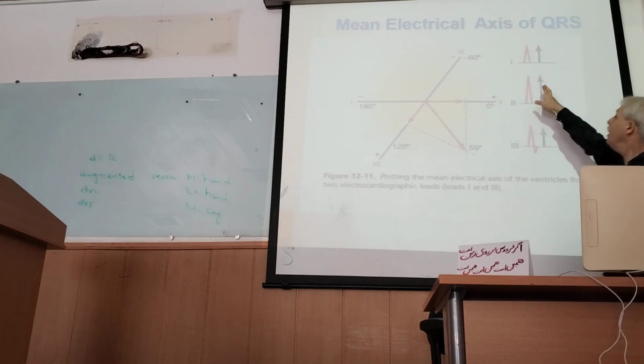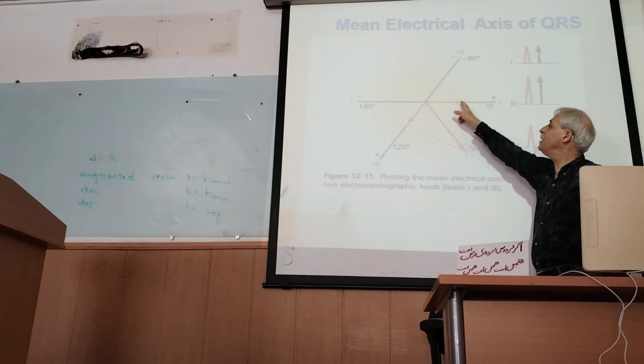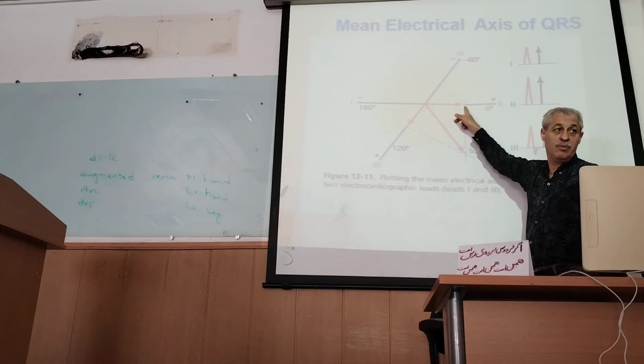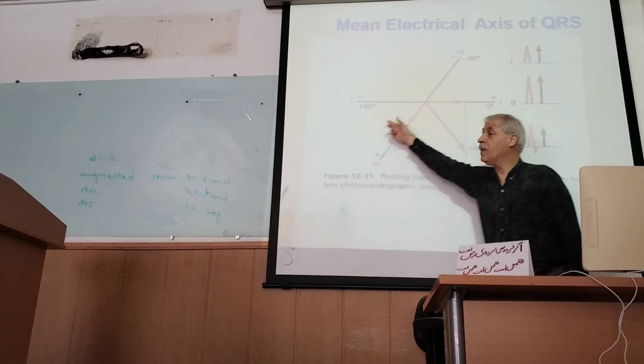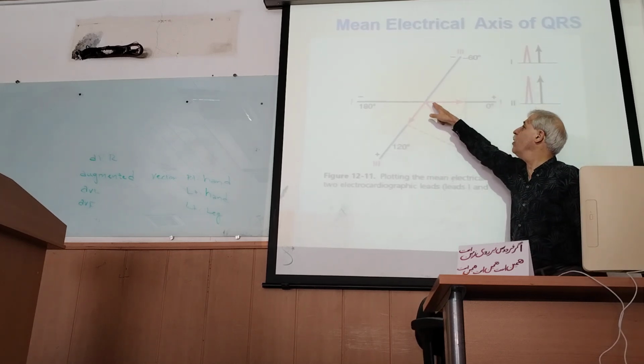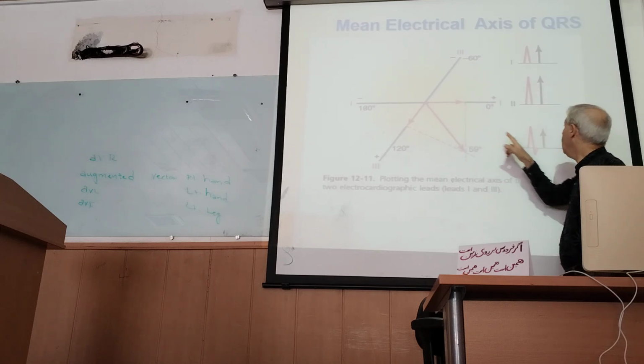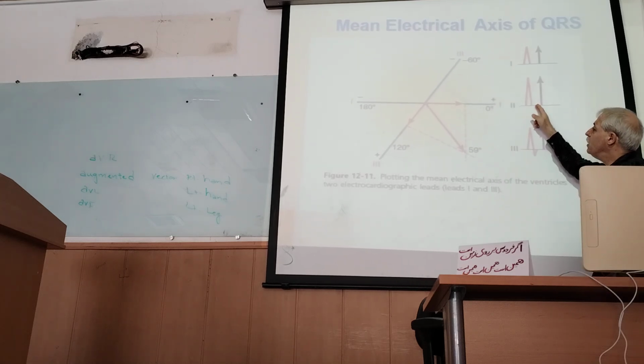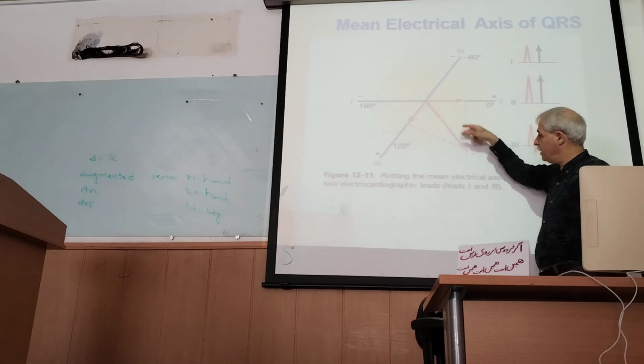In lead 1, for example, this is the positive end of lead 1, this is the negative end. The mean QRS here is positive. In lead 2, this is lead 2, for example.